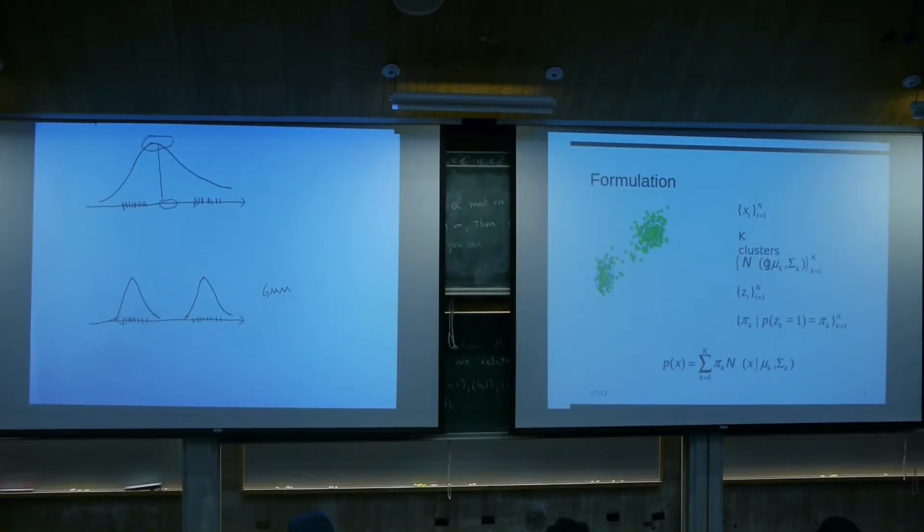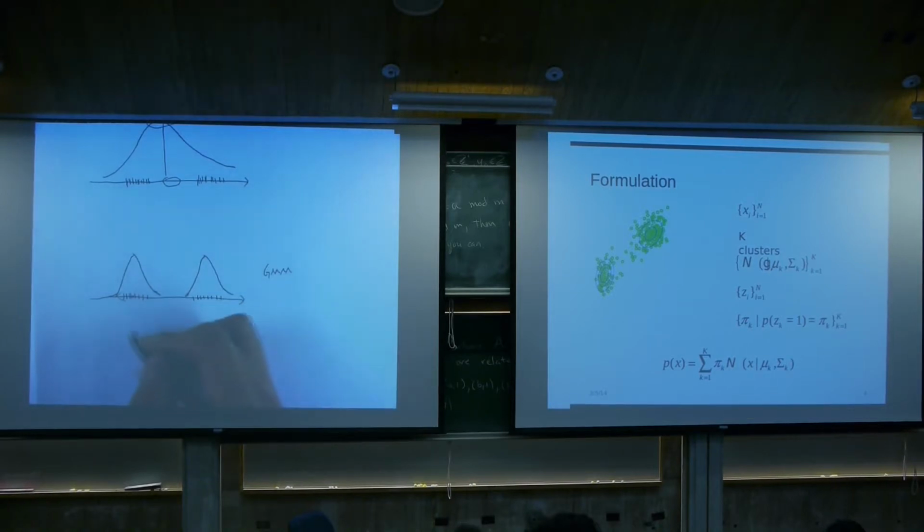This is basically the motivation of Gaussian mixture model, and here is the formulation. We have a set of points x_i, i from 1 to n, and we assume that there are K clusters in this set of points.